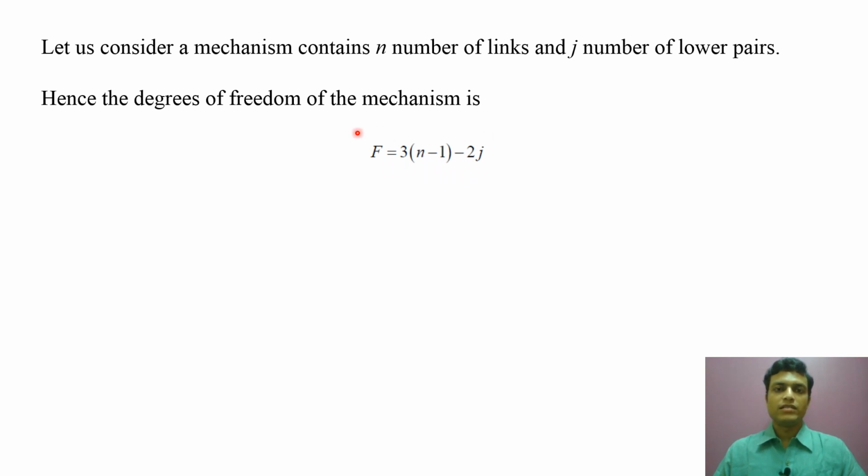Let me explain this equation. If the mechanism has n number of links and must have one fixed link, how many unconnected links are there? n minus 1 unconnected or free links, and each link has 3 degrees of freedom. So n minus 1 unconnected links will have 3 into n minus 1 degrees of freedom.